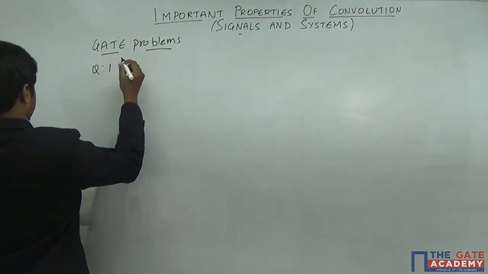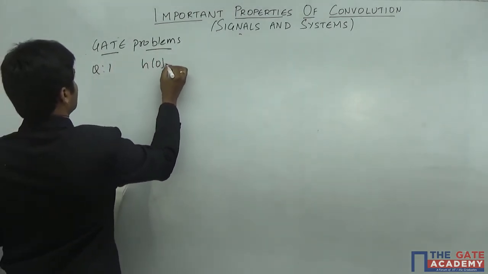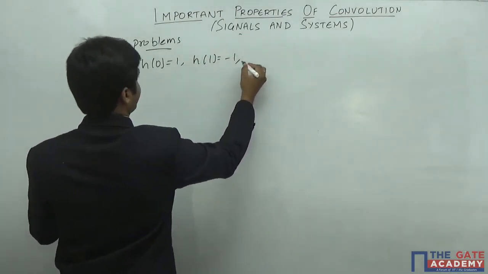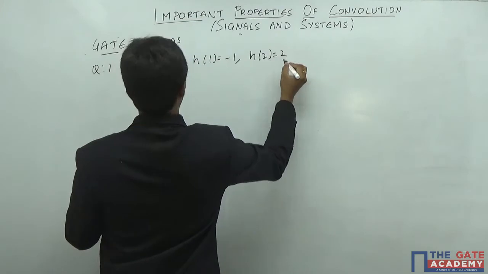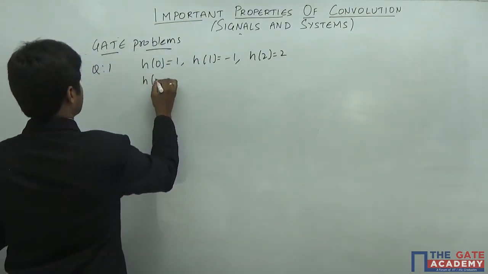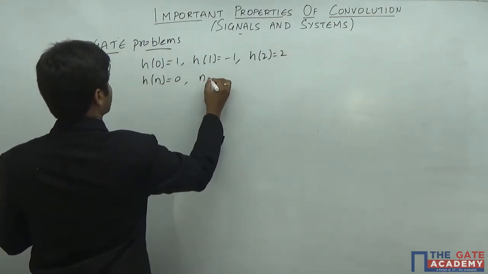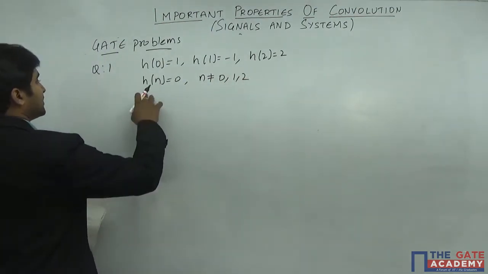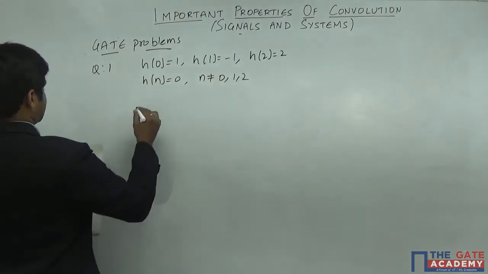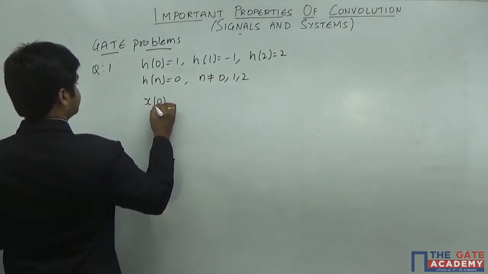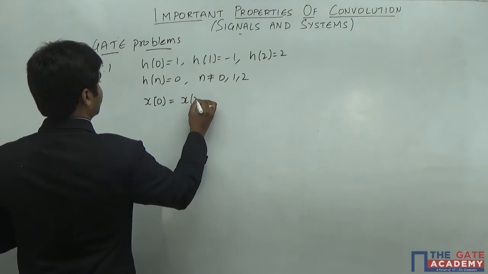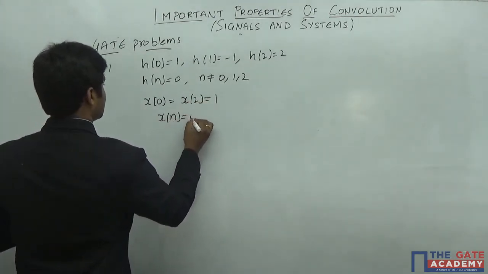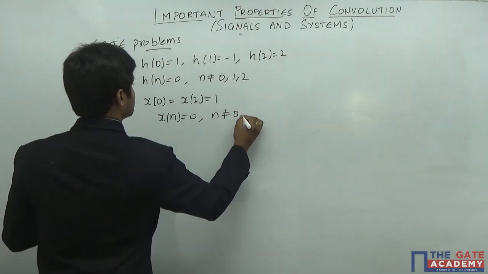Question 1. h of 0 is equal to 1, h of 1 is equal to minus 1, h of 2 is equal to 2, and h of n is equal to 0 for n not equal to 0, 1, 2. So h of n is equal to 0 otherwise. Similarly, x of 0 is equal to x of 2 is equal to 1, and x of n is equal to 0 for n not equal to 0, 2.